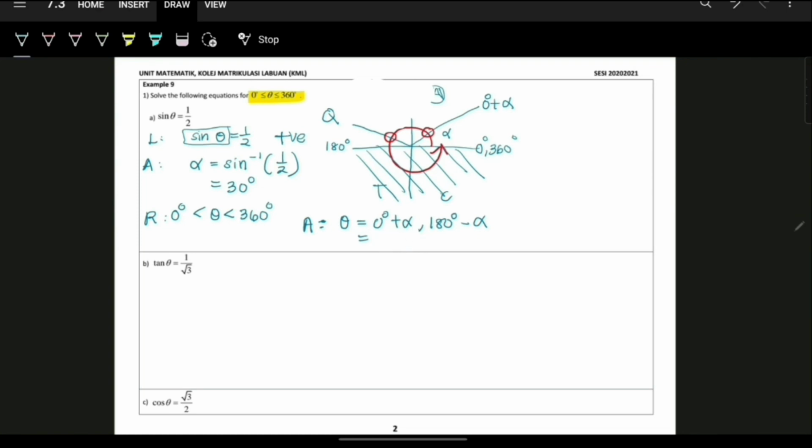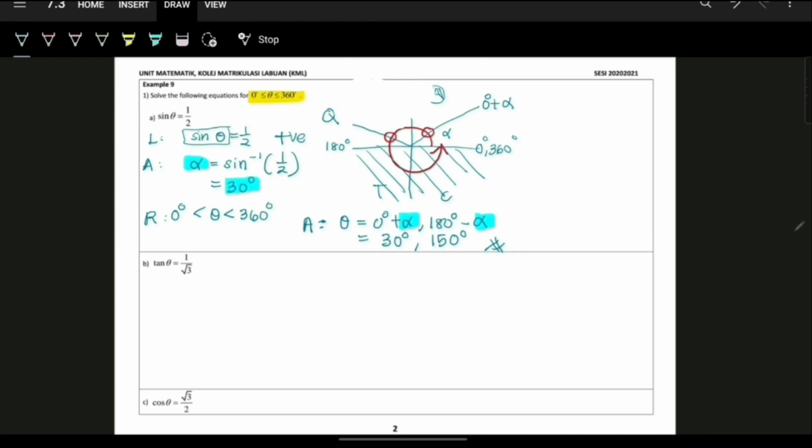So 0 plus 30 is 30. 180 minus 30 will be 150. Bear in mind, your alpha is this one. Okay, so this will be your final answer.